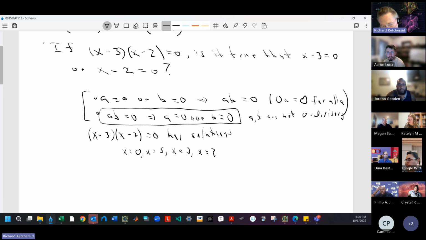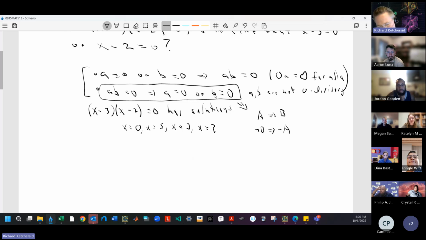So if I take this, now we're going to do a little bit of logic, right? This has the form A implies B, so the contrapositive of that is not B implies not A, and those two things are equivalent to each other. So not this would say A does not equal 0 and B does not equal 0 implies, let's see what I want to do.